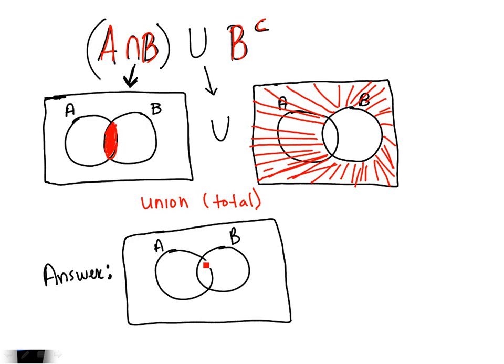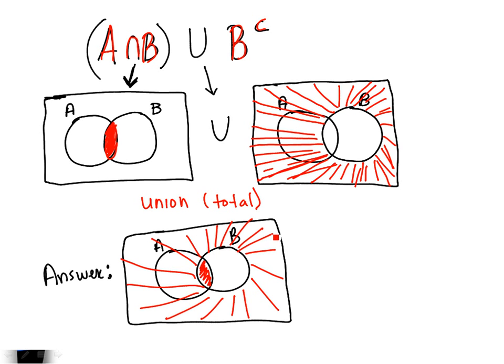So again, not only this part, but everything outside of B. Because we're putting everything that's shaded together. Okay? We're putting everything that's shaded together. That's what union means. Putting everything together.